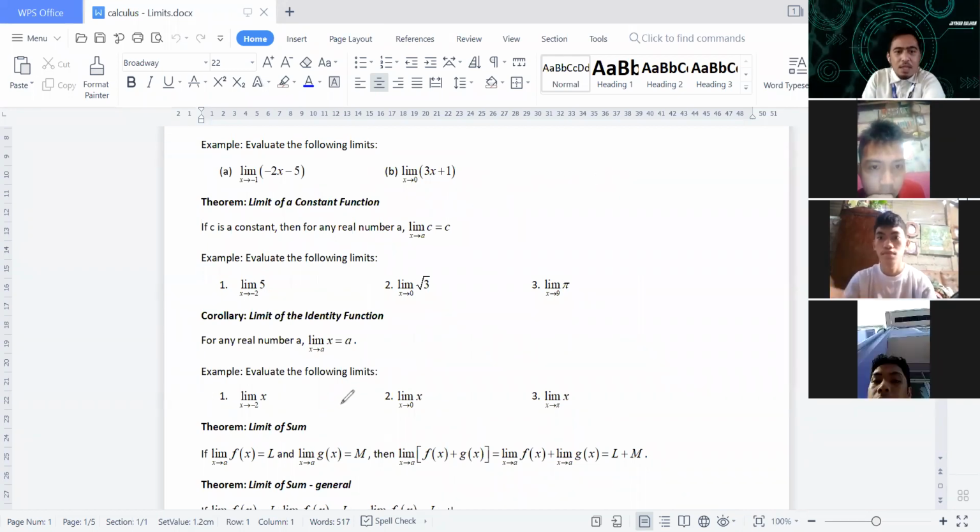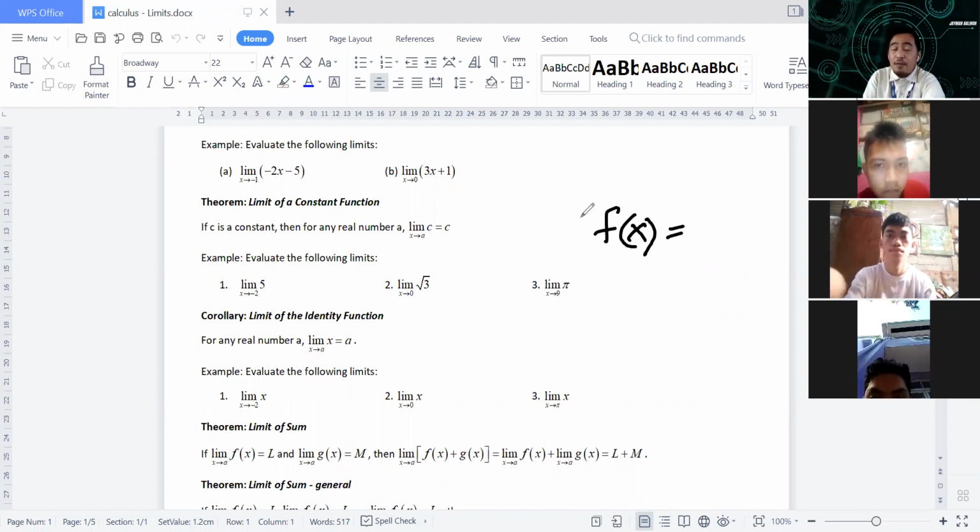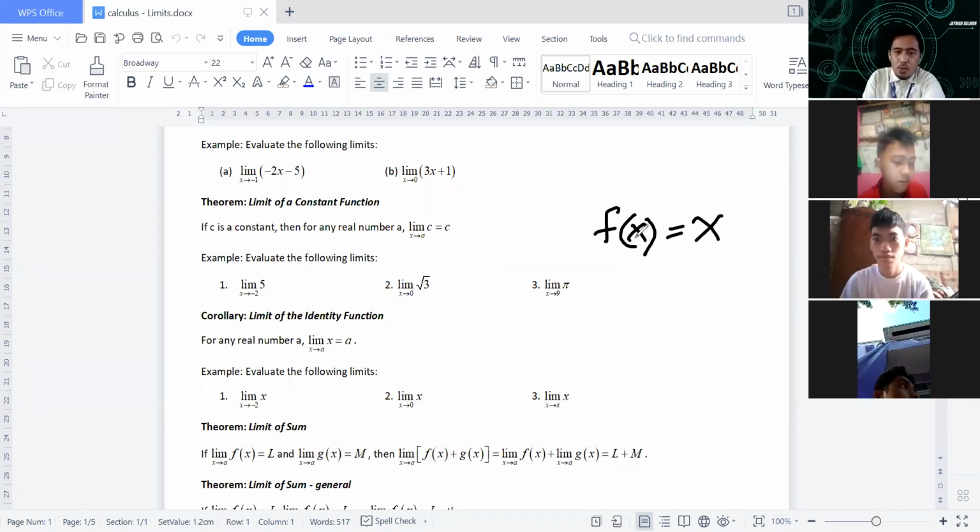The limit of the identity function. Do you know the identity function? The identity function is given by f of x is equal to x, right? So whatever input you put in, it will be the same output that you will have.